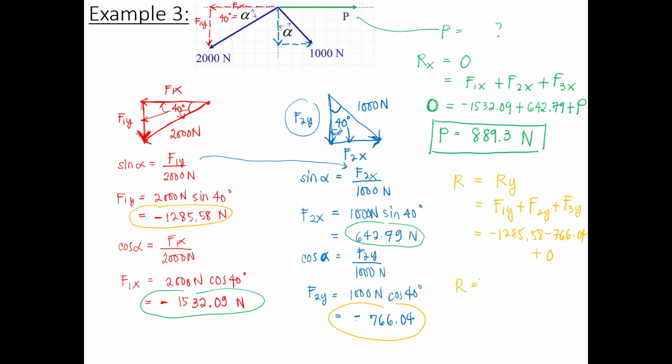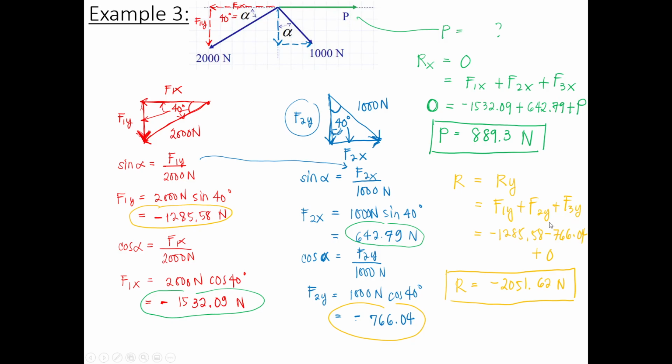So the resultant force is negative 2051.62 newtons. This is your resultant force value.